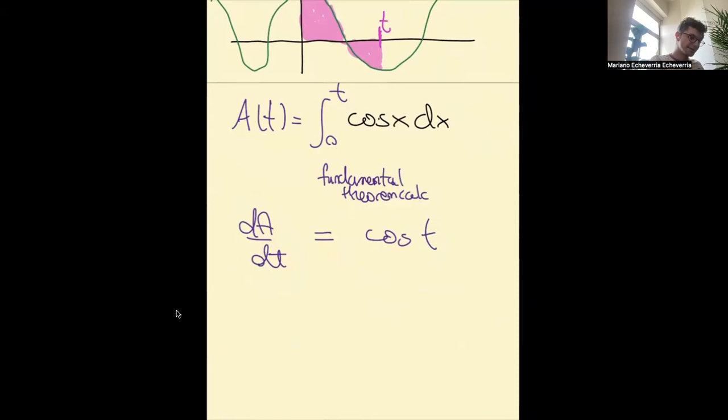Which one was it? What function had as derivative cosine? Which function that we have seen had its derivative equal to a cosine?